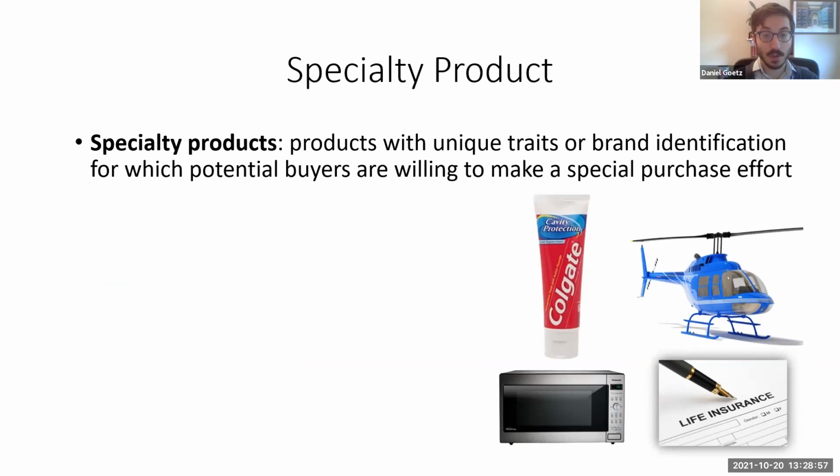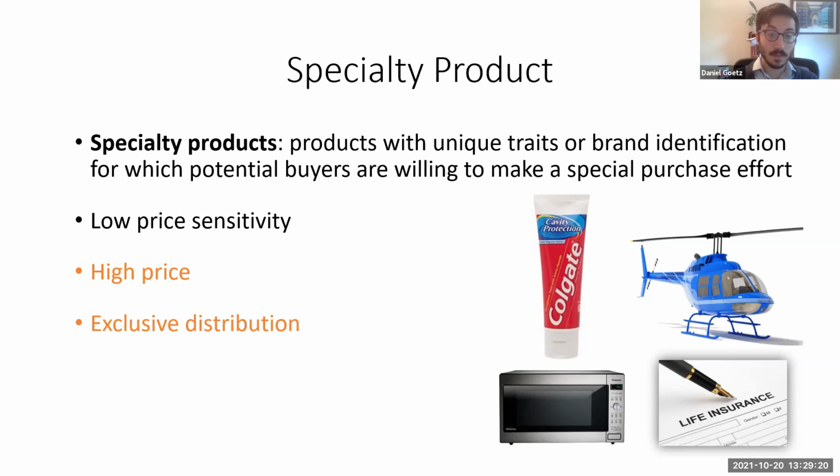Now, what about specialty products? These are products with very unique traits or brand identification. These are products for which potential buyers are willing to make a special purchase effort. Okay, so these products will typically feature low price sensitivity with a high price.